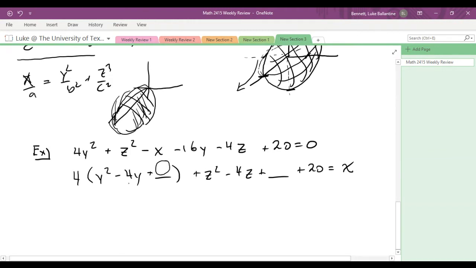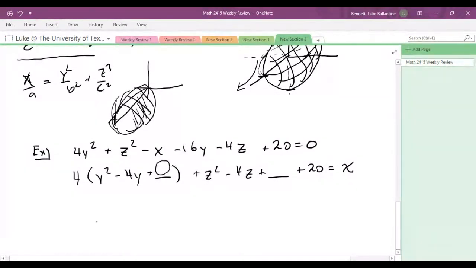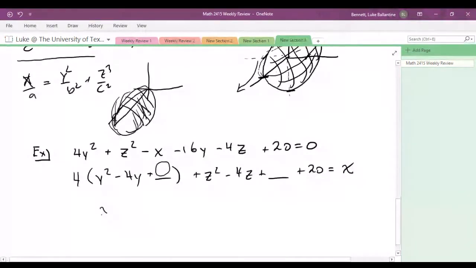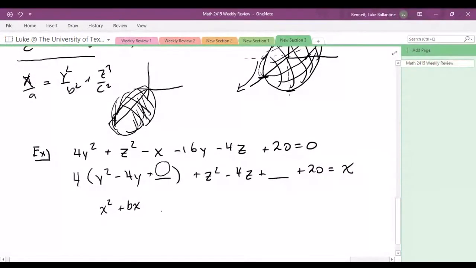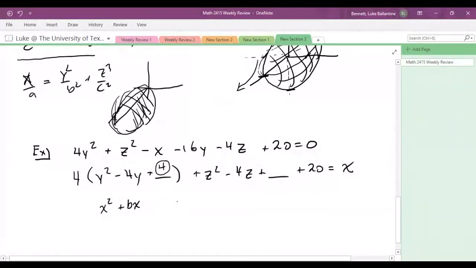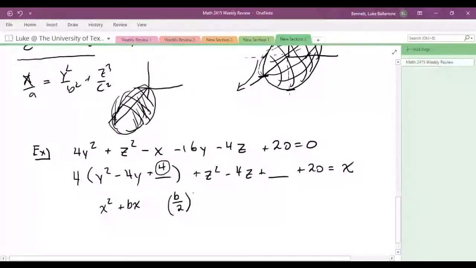When you're completing the square, there's good algebra to know. So if we have x squared plus bx, you do b over 2 squared.